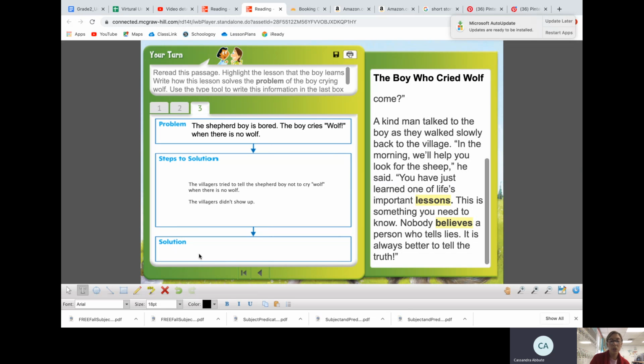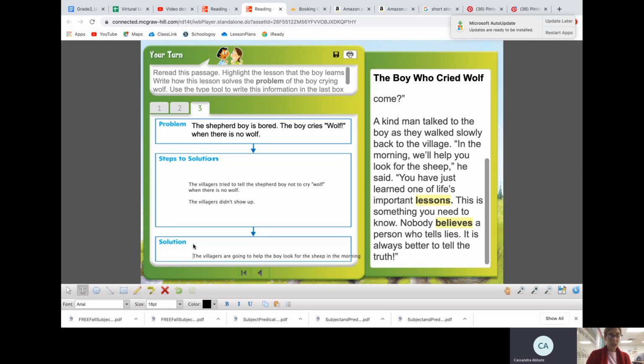So, what was the solution here, right? How was the boy crying wolf when there was no wolf? That was the problem, right? And how was it solved? Well, again, in the first video that we listened to, there can be more than one solution, right? So we can say the villagers are going to help the boy look for the sheep in the morning, right? Oh, I'm not going to have enough room to write all this down, okay?